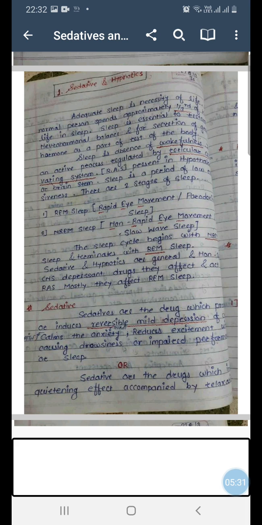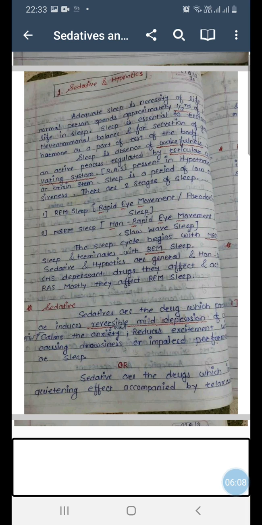Throughout the day, all your cells and all the parts of your body, whether it is your hand, your legs, your mouth, or your brain, become hyperactive or more active. Now, to perform the same activity the next day, you need a gap or a rest to maintain this neurohormonal balance.